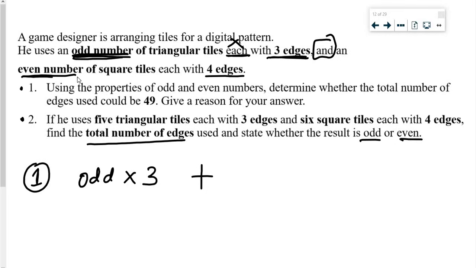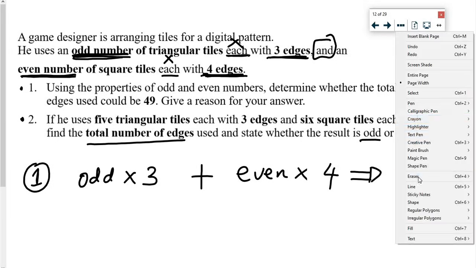This time an even number of square tiles, each means times 4. So you take even times 4. Now you have to find out whether the overall parity will be odd or even. So I want everybody to pay attention here.